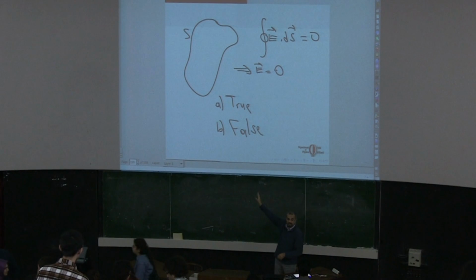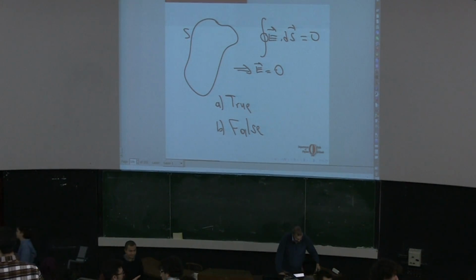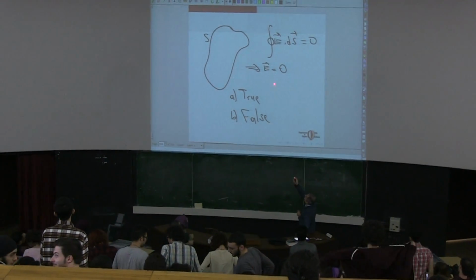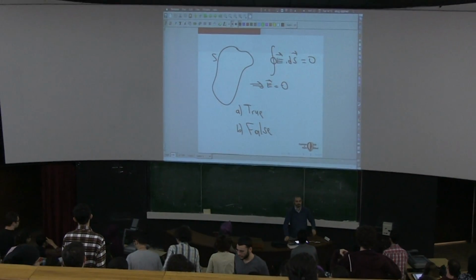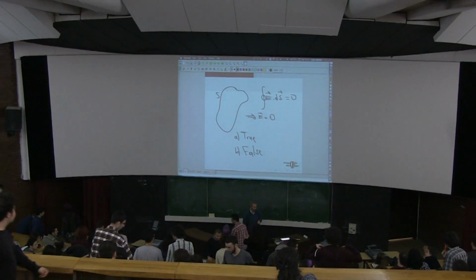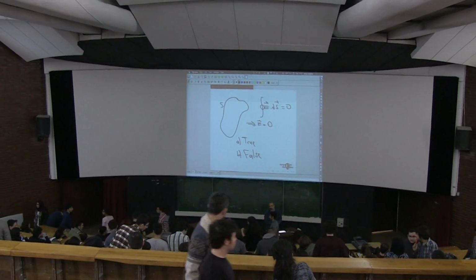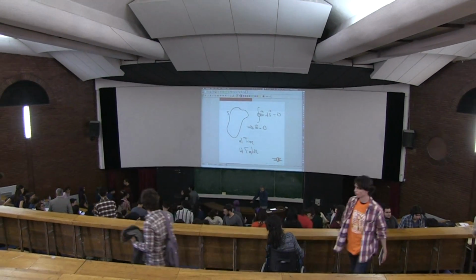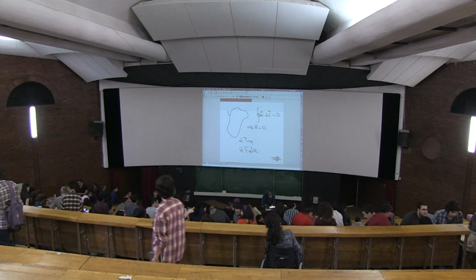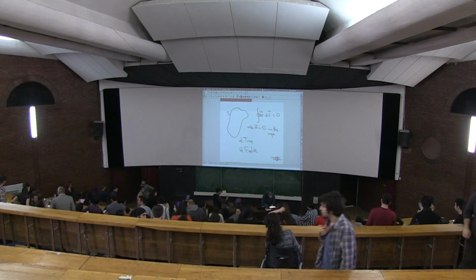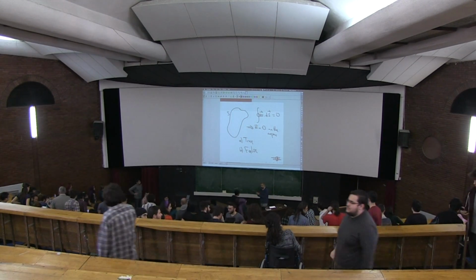This is the information we have. By the way, your friend claims that if this is true, this is always true. Everywhere, the electric field is 0 on the surface. It's a closed surface.